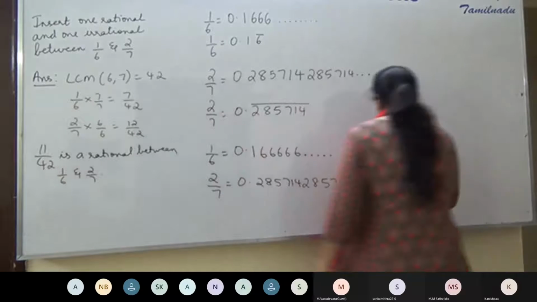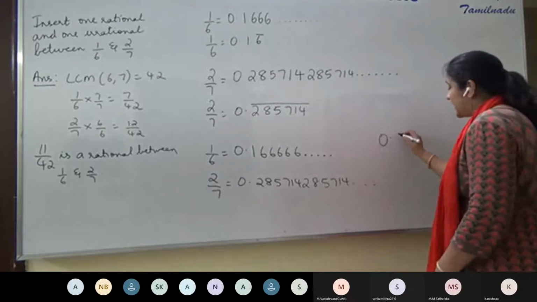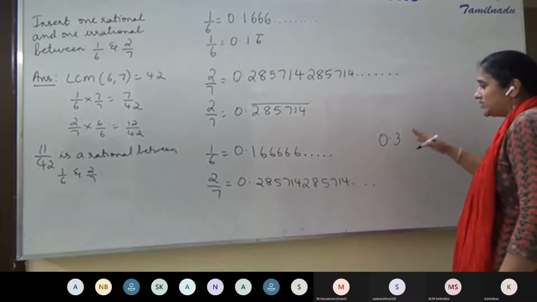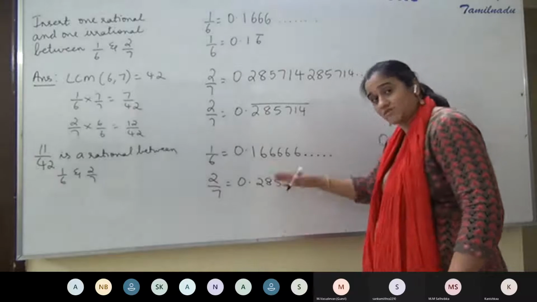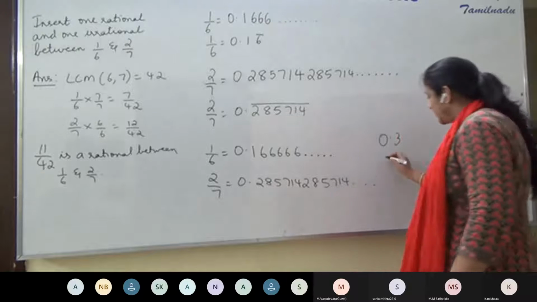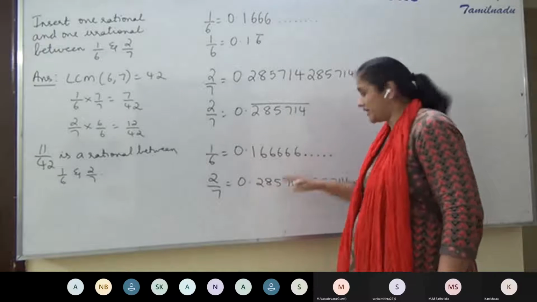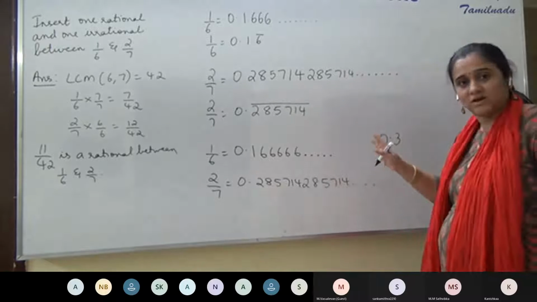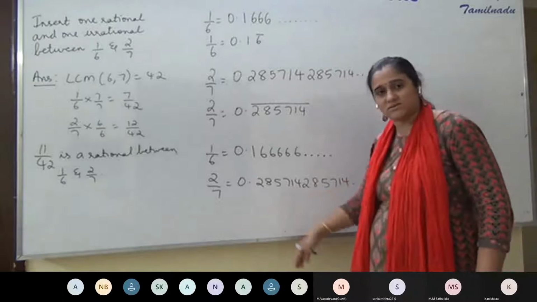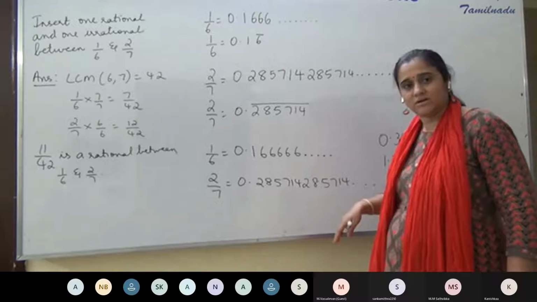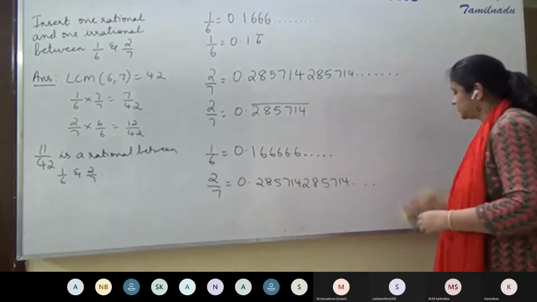Now, let me start. I can't say 0.3. If I say 0.3, it's away from this. It's after this. And I cannot write 1 point something, because there's only 0 point here. 1 point something will be beyond them. It's outside the range.